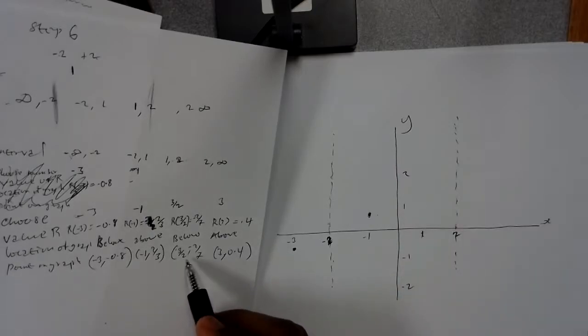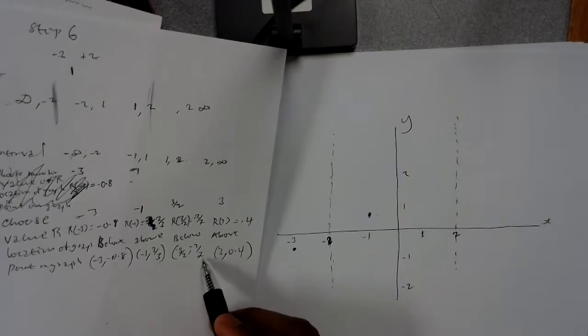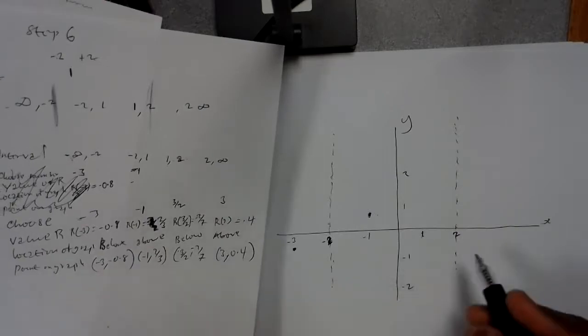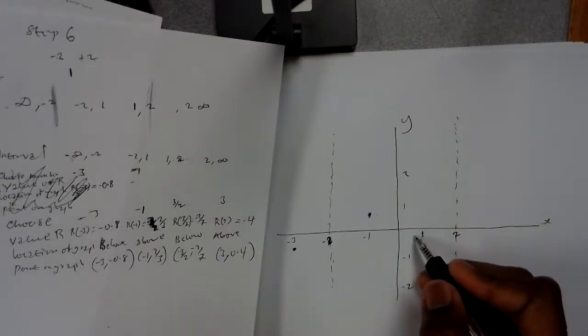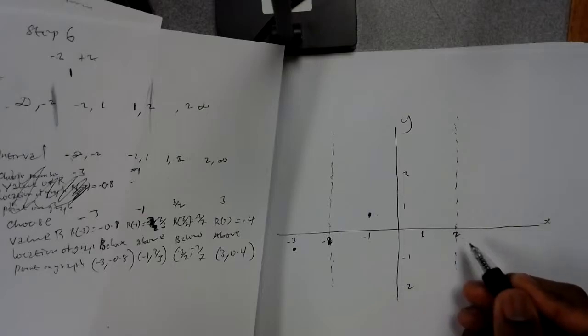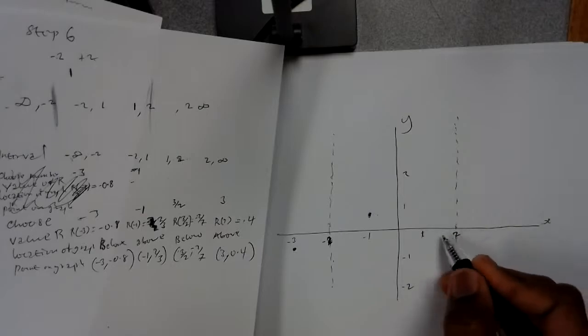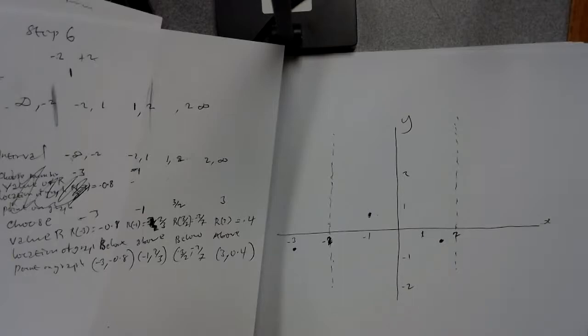The next one is (3/2, -2/7). So 3/2 on x, that's like 1.5, is going to be around here, and -2/7 is going to be around this end. So I'll put another point there.